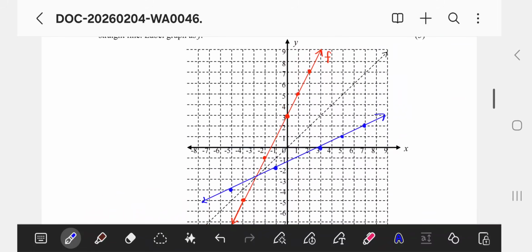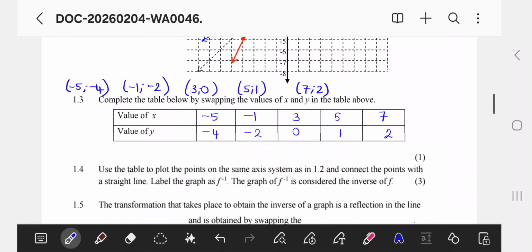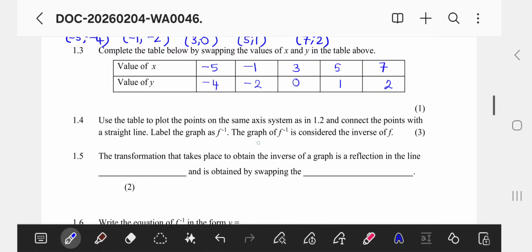So that is what it's going to look like. And they asked us to label this graph as f to the minus 1. Now they gave you an important bit of information, and they said that the graph of f to the minus 1 is considered the inverse of f. Now, the whole aim of this investigation is to show you how to draw the inverse of a particular function.